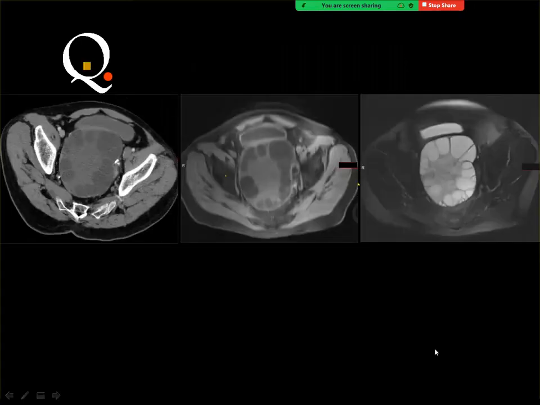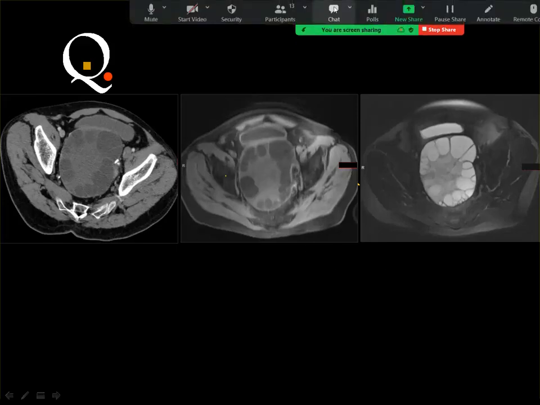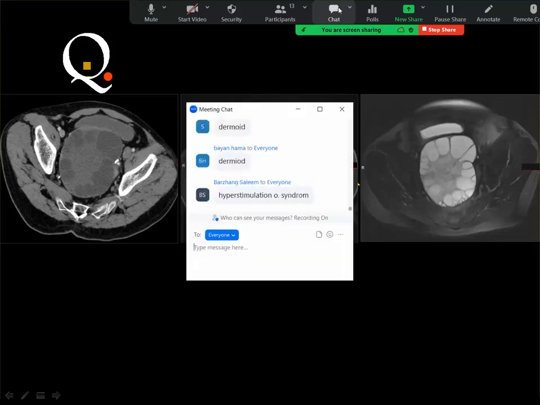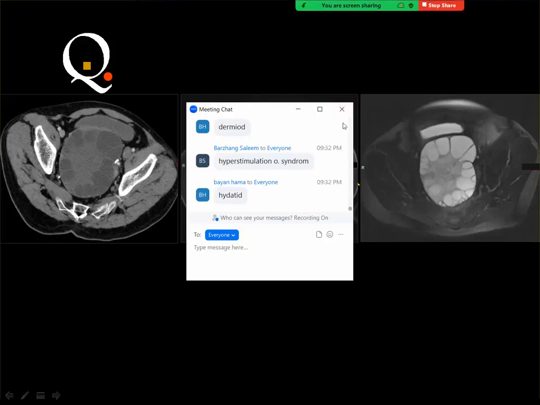Next case, this is CT, and this is T1 fat set, and this is T2 fat set of a big lesion in the pelvis. Yes, and this is hydatid.